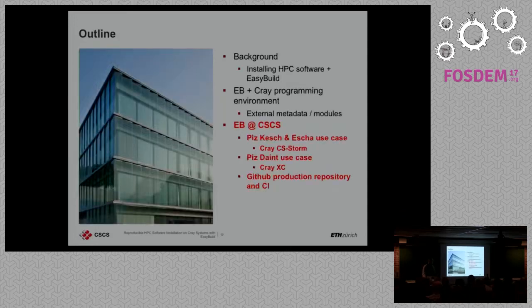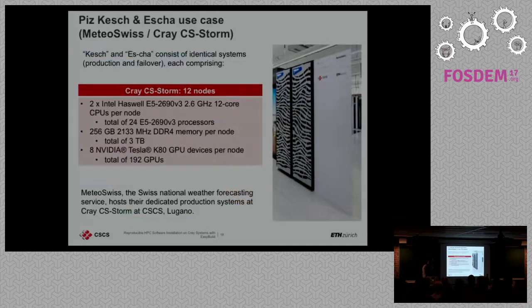I'll move now to the last part, which is, I would say, the more interesting from my side, because it's where we managed to use all this infrastructure to deploy software on production. The two use cases that I'm going to present here: first, the machine from MeteoSwiss, which is the weather forecast service of Switzerland.